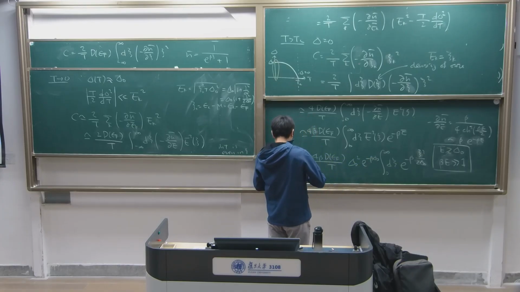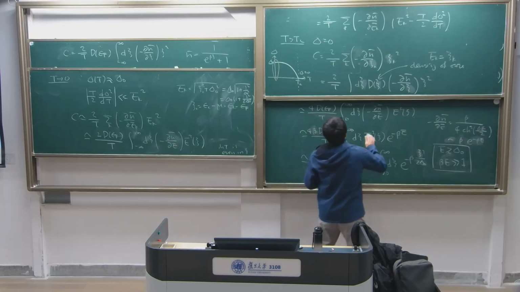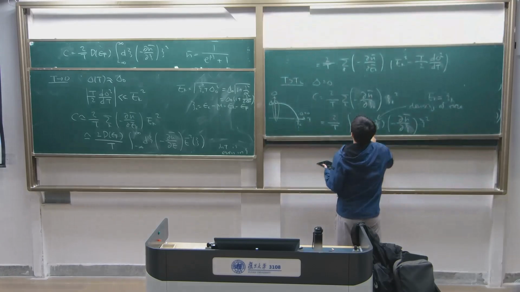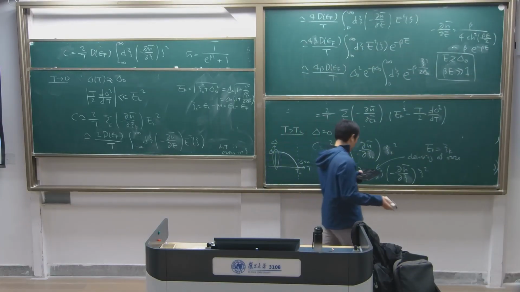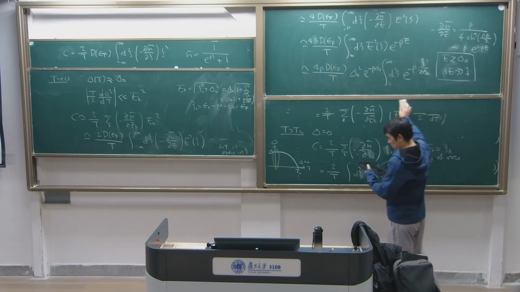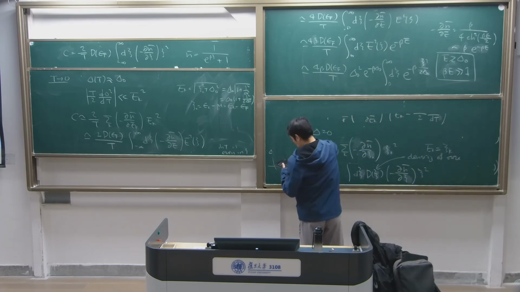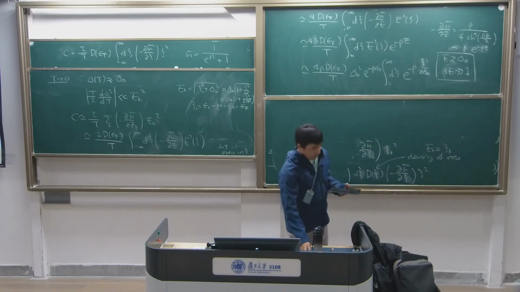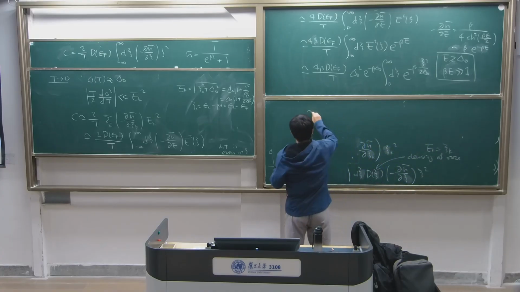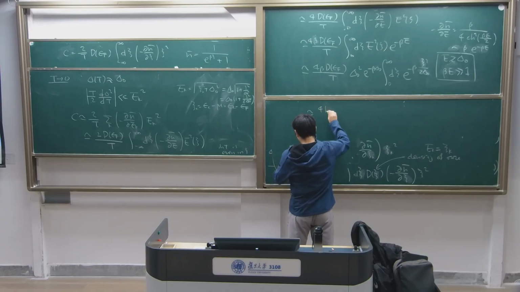And it's a Gaussian, so then you can perform the Gaussian integral, and if you perform it, this one is equal to 4 beta.